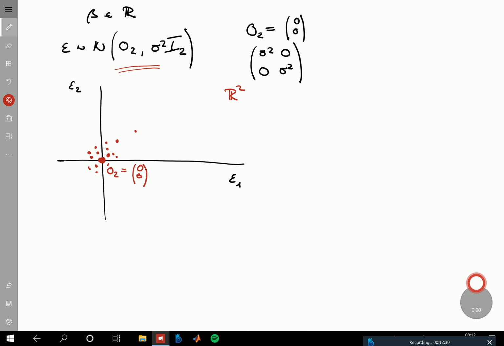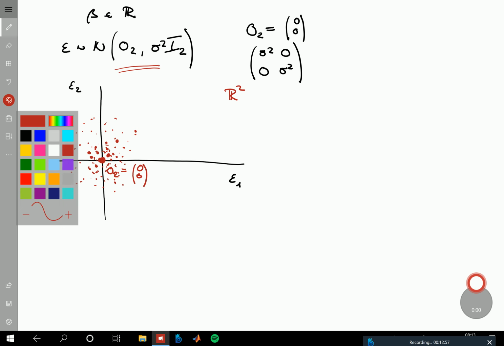So it will look something like this, with more dots in the middle, because you have to think what's the probability density that is associated with it.